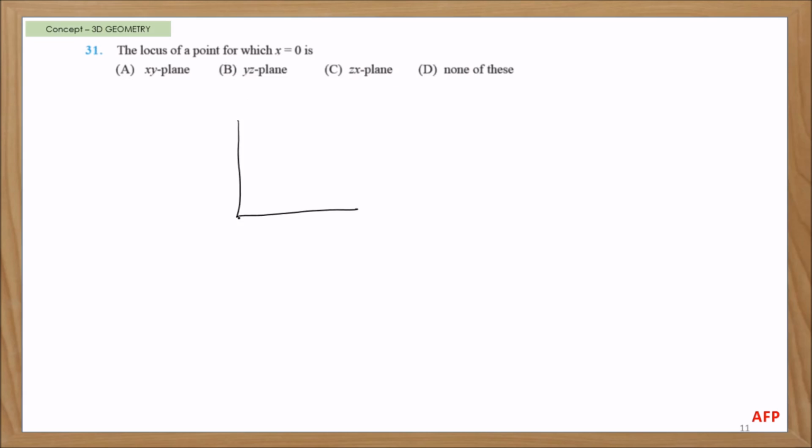On the xy plane z is 0, on the yz plane x is 0, and on the xz plane y is 0. So x is 0 on which plane? The yz plane. It is the correct answer, option B.